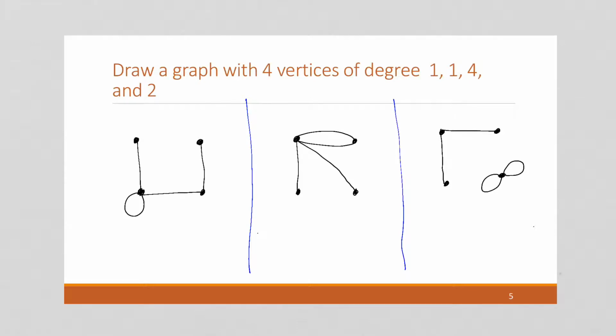Let's look at this first one. We have degrees 1, 1, 2, and 4, which is exactly what we want. The others also have degrees 1, 1, 2, and 4. So this task can be completed in many different ways. There are many graphs that have this property.